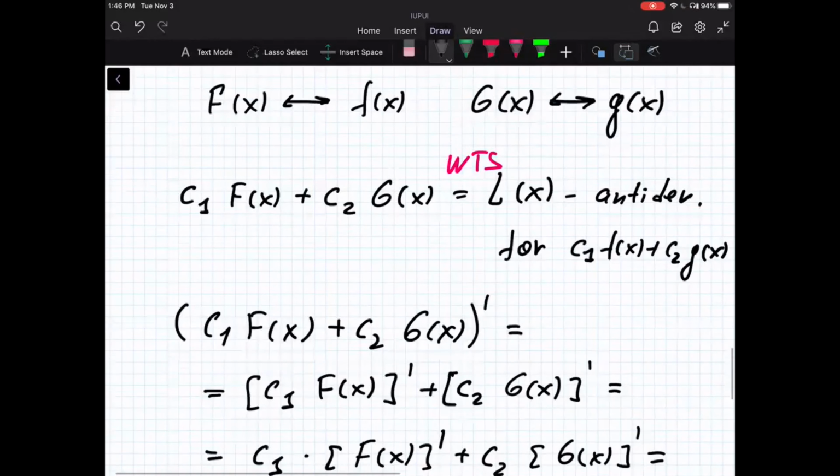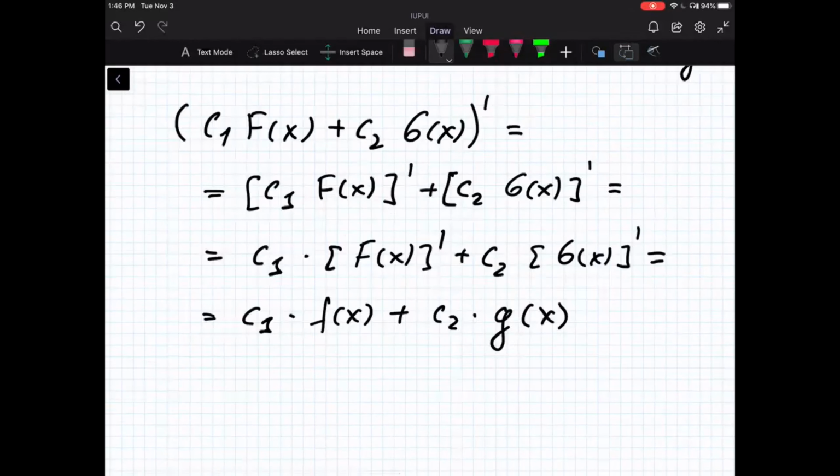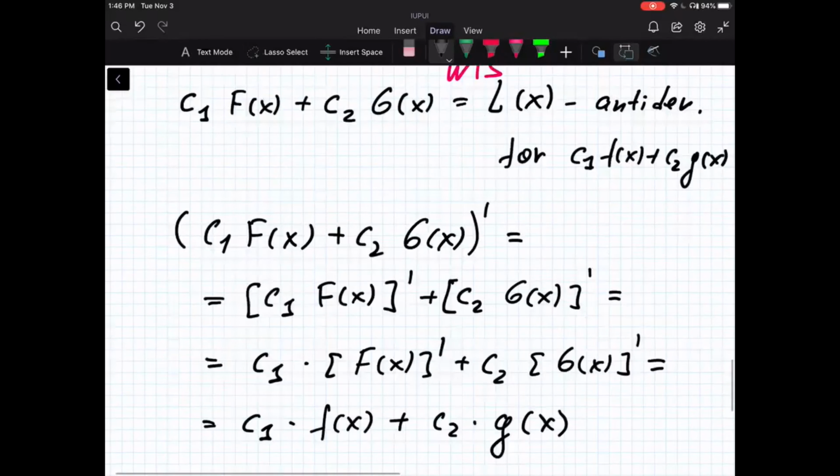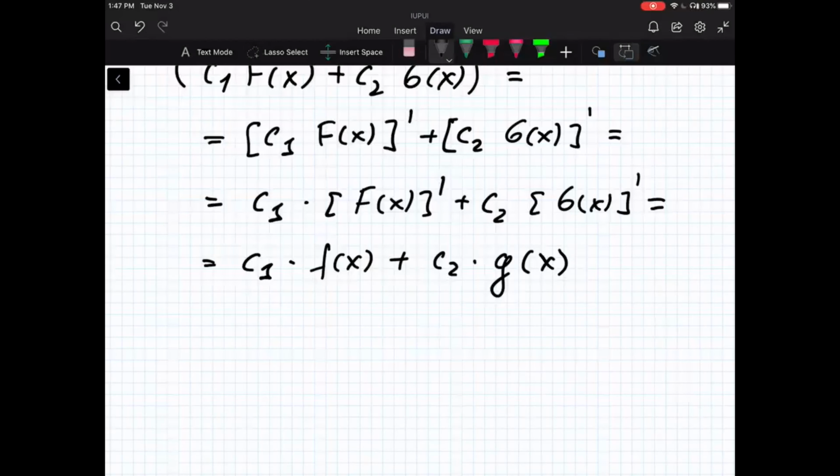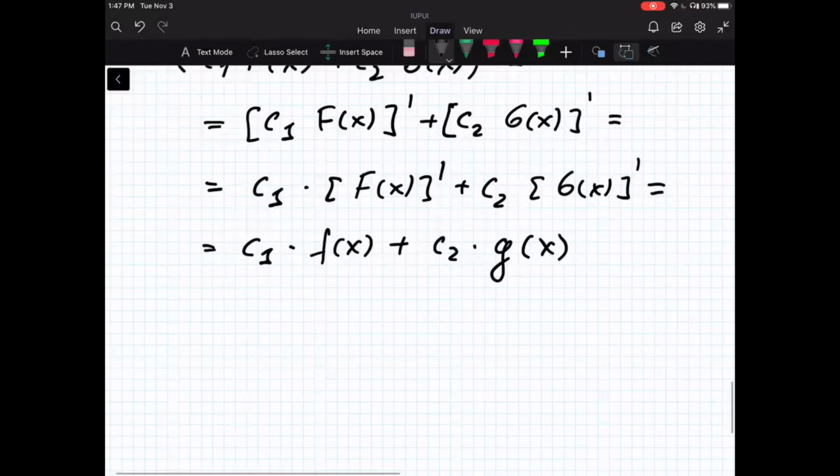And thus it is the same. So in other words, linearity of the derivative transforms into the linearity of the integral, which is this one. And the basic idea is that some rules that you know for the derivatives transform into some rules for the integrals.